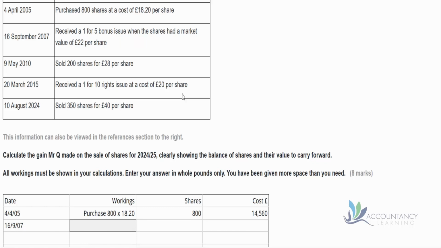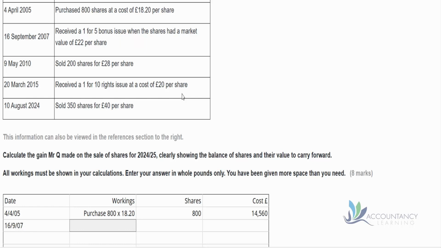So this can be a good way of rewarding the shareholders without any cost to the company, because they could pay dividends, for example, but that requires a cash outflow. But in this case, they're giving extra shares to shareholders, and that keeps them happy.